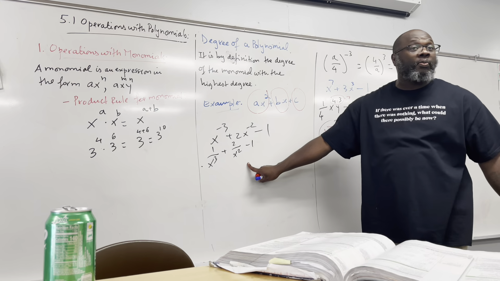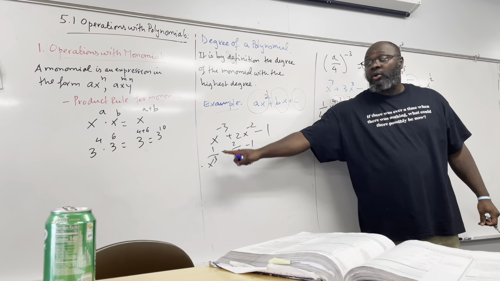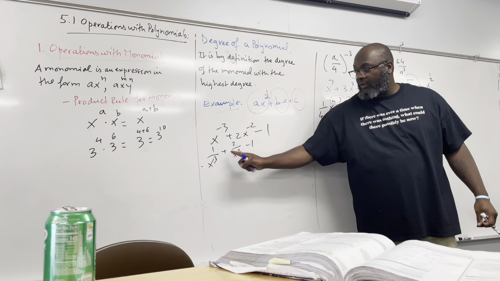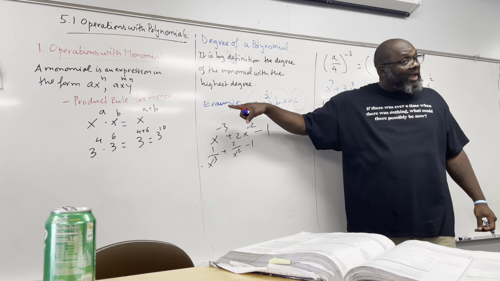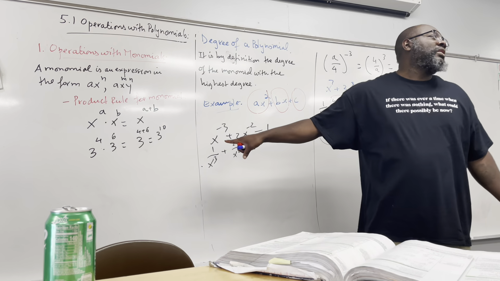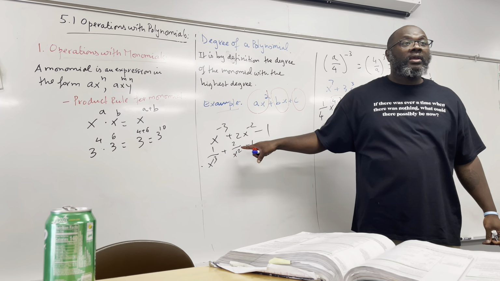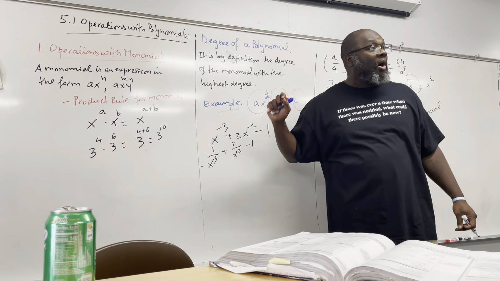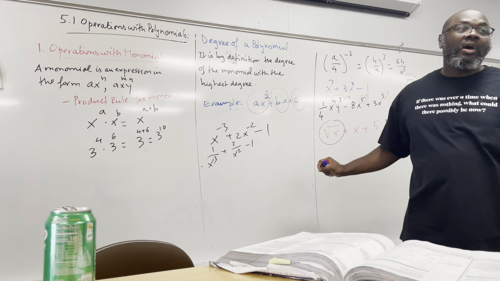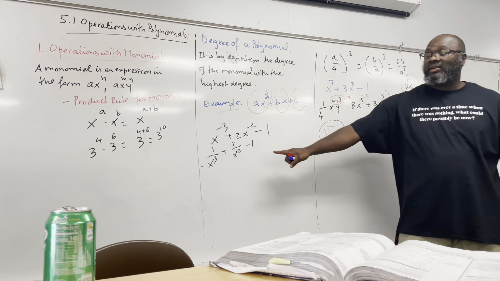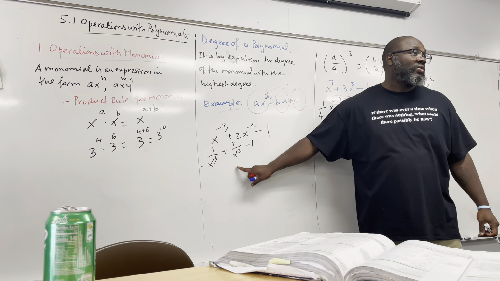This again is not a polynomial because this is a rational expression. Because this is like a negative exponent, again it disqualifies it as a polynomial. There's no degree to this, because those numbers have to be positive integers. If they're not positive integers, we do not have a polynomial. So therefore, this is not a polynomial.